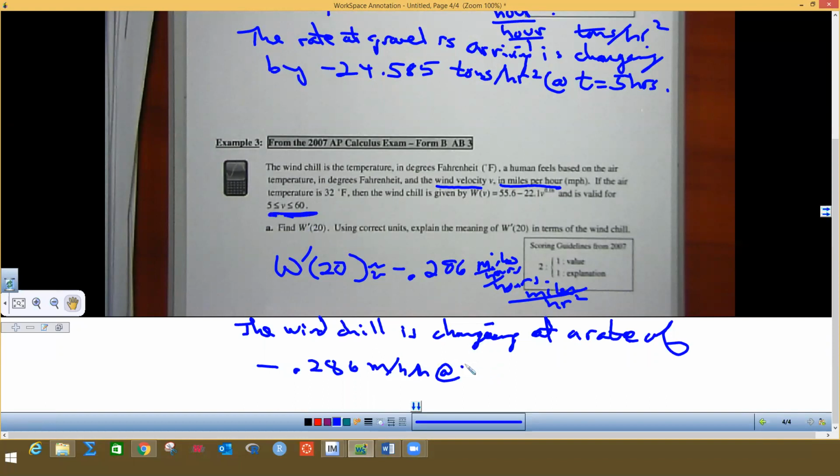You remember velocity at v equals 20 miles per hour. So that would be the answer to this problem.